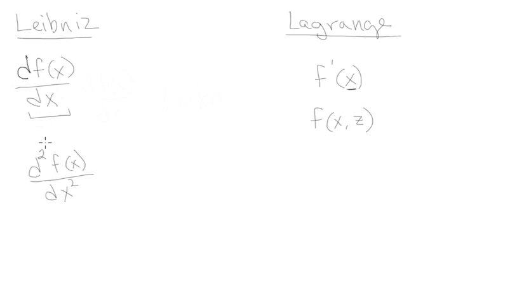Basically, what you're thinking of is the derivative as something of an operator that you're applying to the function f of x. And so you're seeing that this derivative is happening twice, which is what this squared is implying, versus Lagrange's notation, which is a bit more flexible: it just says f double prime of x is the second derivative of the function with respect to x.